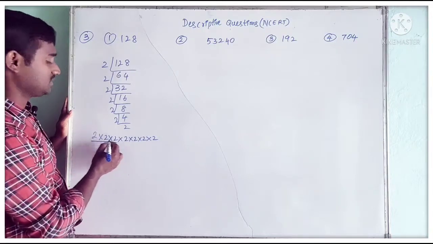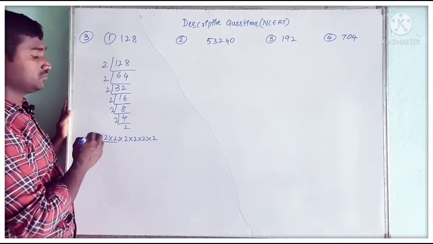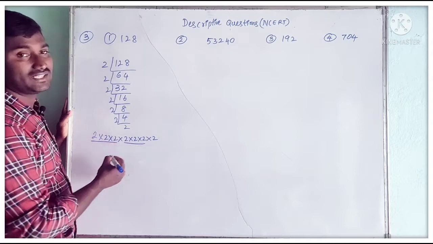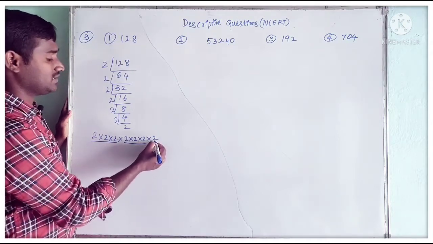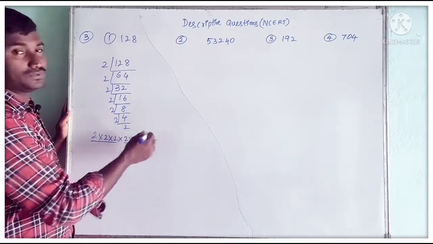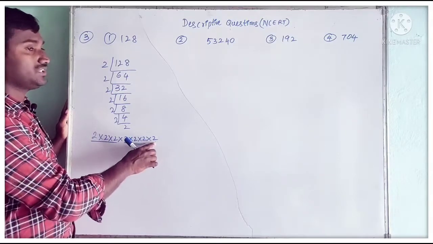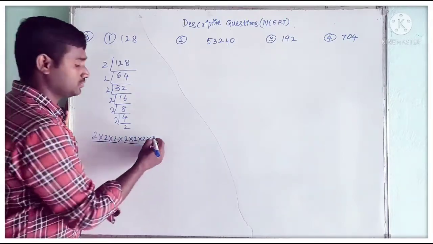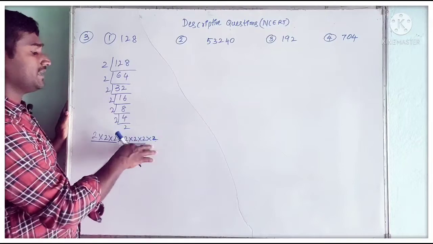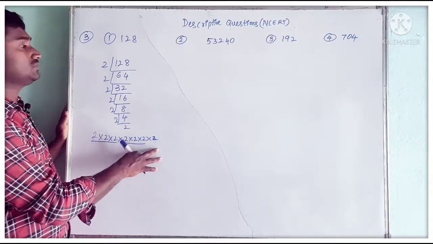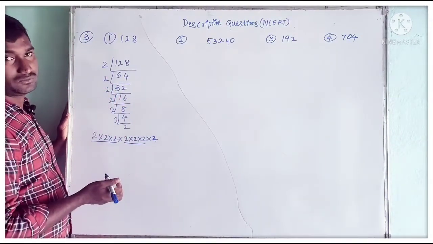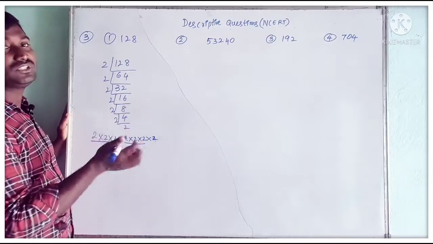These three 2s are one group, these three 2s are one group. So here one 2 is ungrouped; there is no group for this 2. If you eliminate this 2, then it becomes a perfect cube. Eliminate means we should divide.